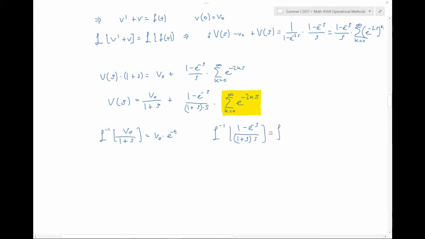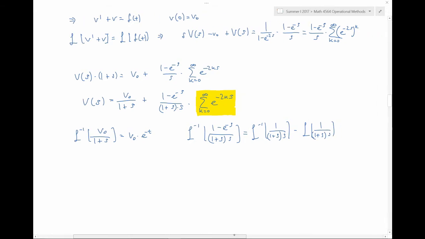This can be written as the inverse Laplace transform of 1 over 1 plus s times s minus the inverse Laplace transform of 1 over 1 plus s times s shifted by 1.